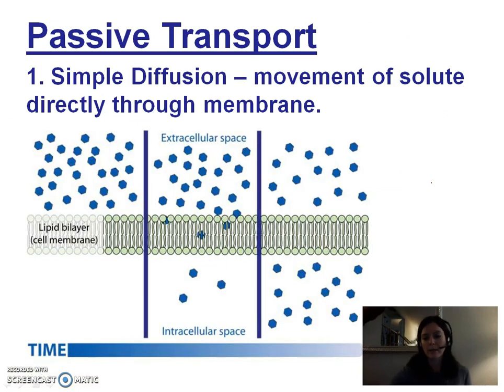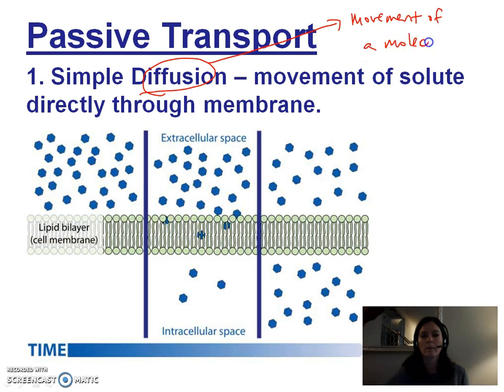The first type of passive transport is called simple diffusion. So diffusion, let me define that really quick. Diffusion is the movement of a molecule sometimes called a solute molecule.